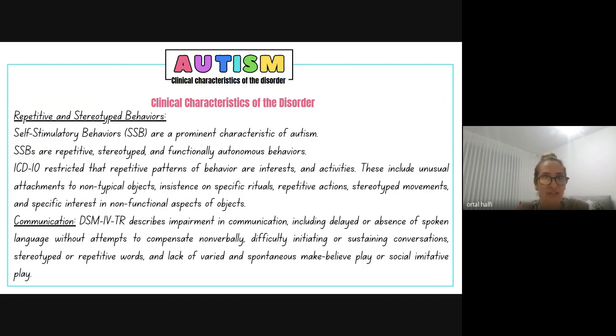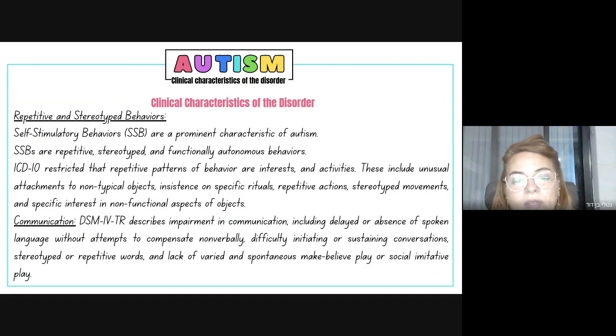ICD-10 describes restricted and repetitive patterns of behavior, interests and activities, including unusual attachment to non-typical objects, specific rituals, repetitive actions, stereotyped movements, and specific interest in non-functional aspects of objects. Continue.